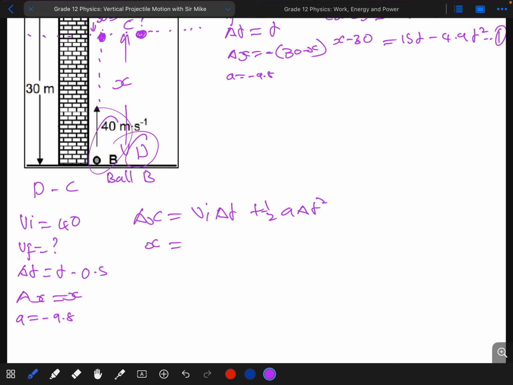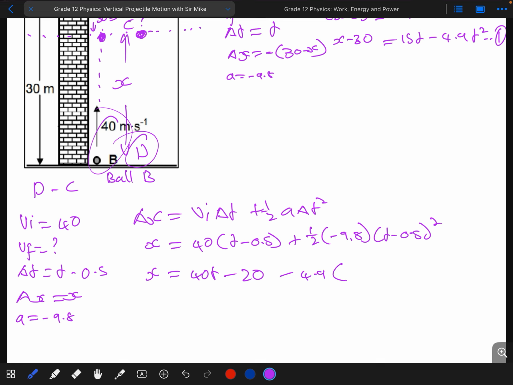So x equals vi, which is 40, multiplied by t minus 0.5, plus a half multiplied by negative 9.8 multiplied by t minus 0.5, squared. So x equals 40 t, minus 20, minus 4.9 multiplied by that bracket.